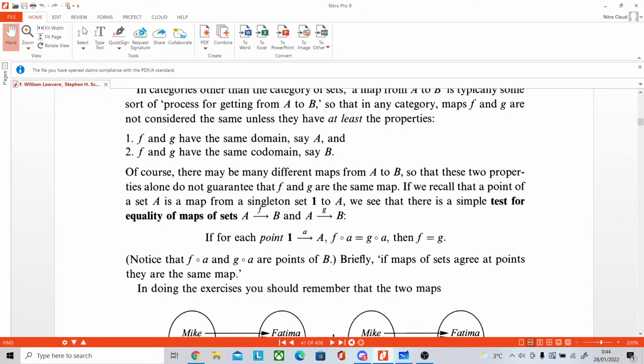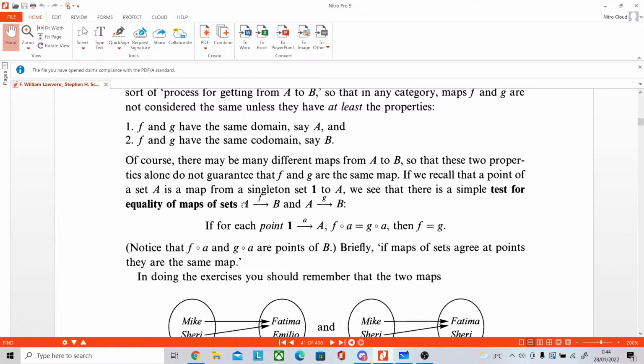But then you're testing maps between sets, right, to see whether they're equal.